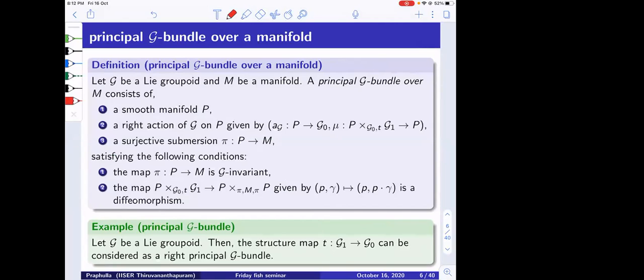you might have already seen, given a Lie group G, one can associate what is called the classifying stack, classifying space, usually denoted as BG. What is this? This classifies principal G bundles. So similarly, for a Lie groupoid also, we can talk about the same thing, something which classifies principal G bundles.